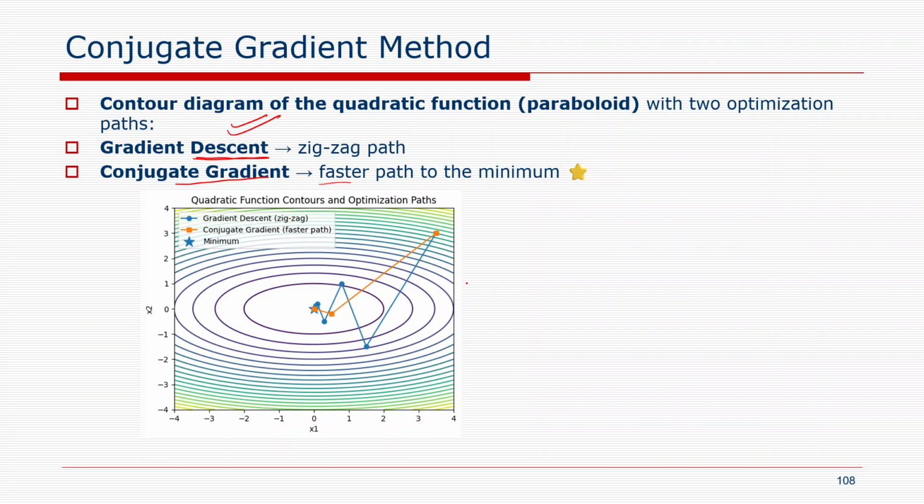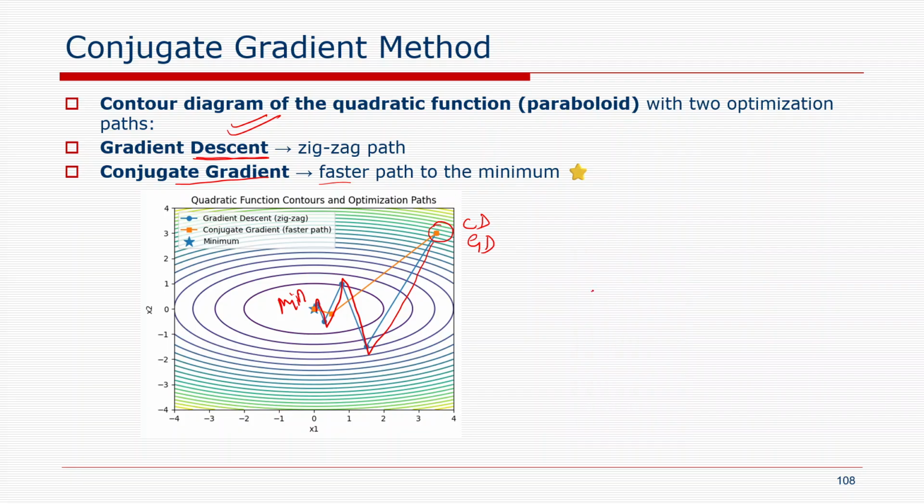This diagram, what you are seeing, is both conjugate gradient and gradient descent started at this particular point. That is, my gradient descent is going a step like this, going like this, going like this, and then going here, and then trying to find the minimum.